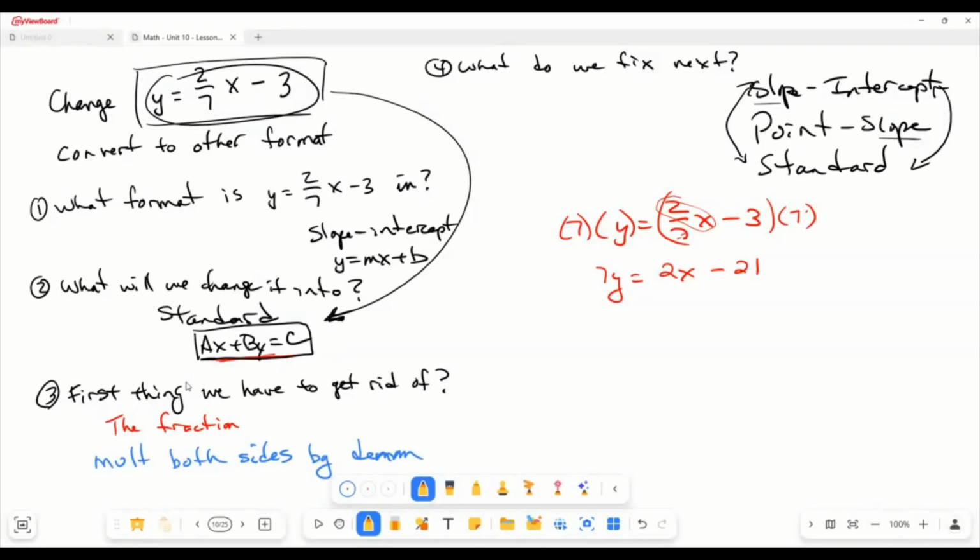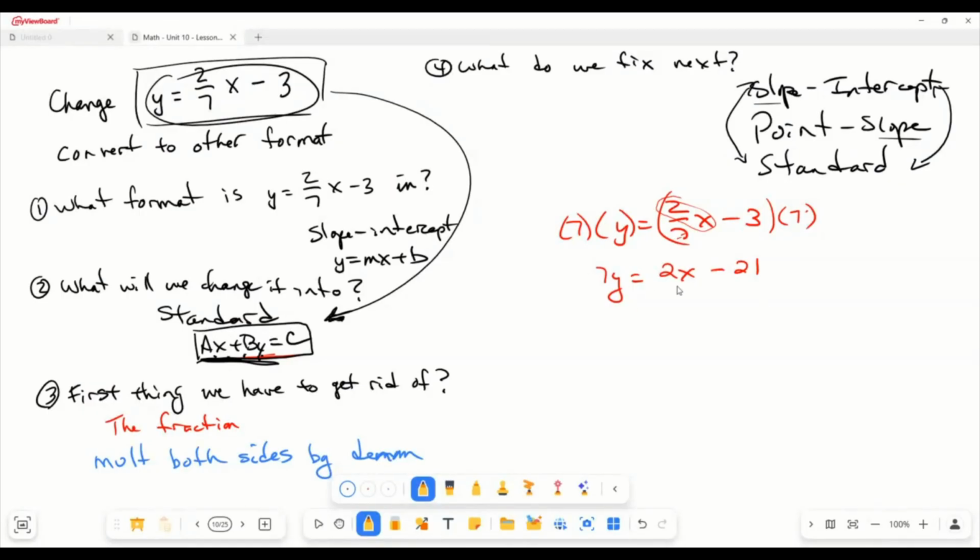No, we don't want x by itself. That would mean we're getting x equals something. We want this, ax plus by equals.